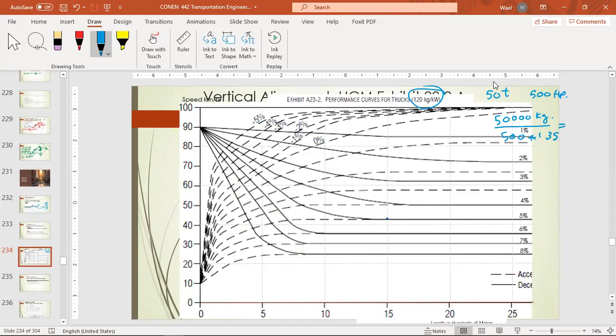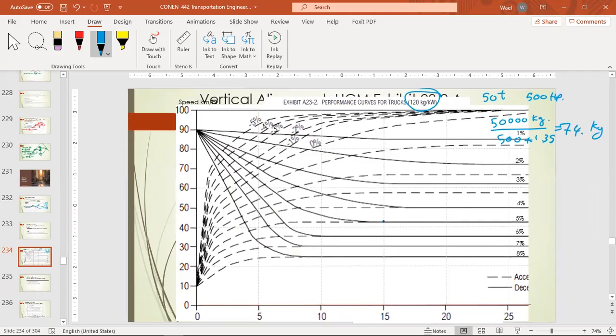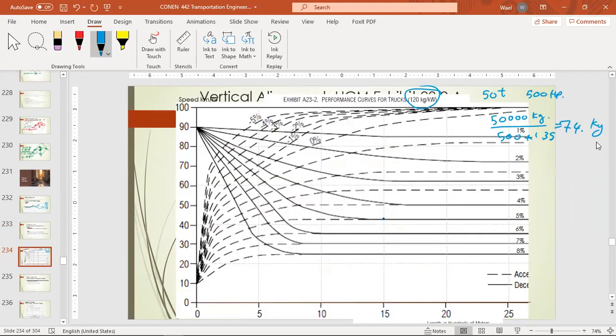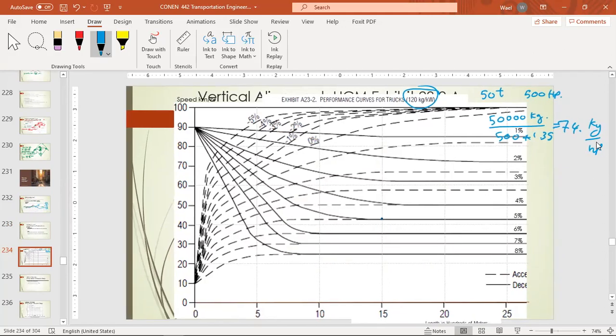So we have here 74 kilograms per kilowatt.